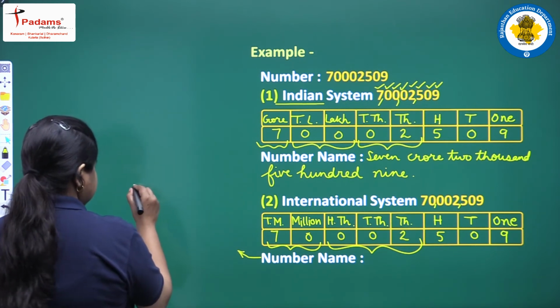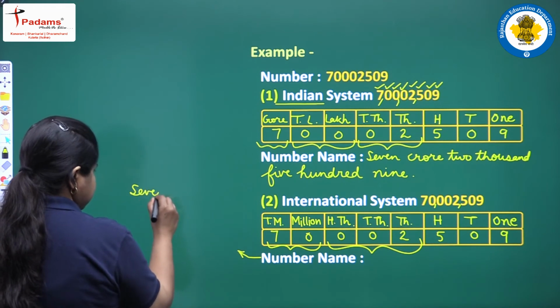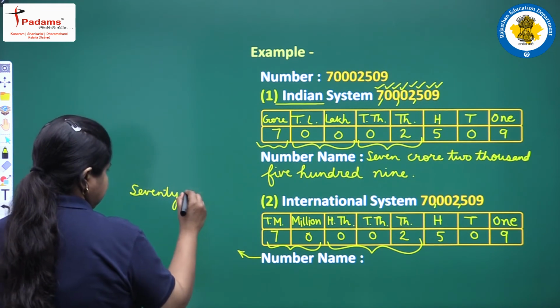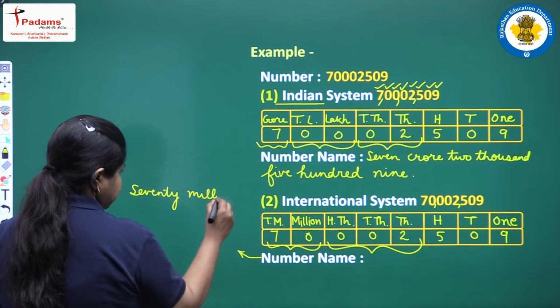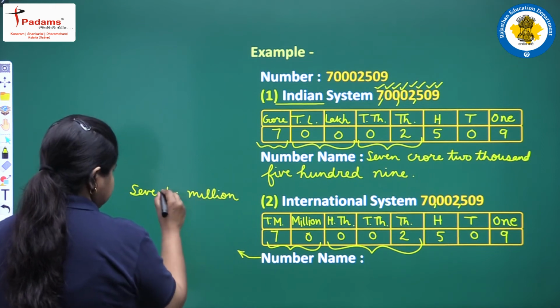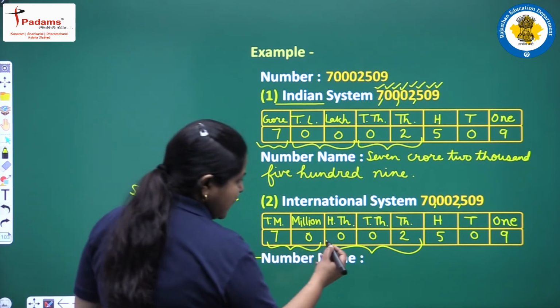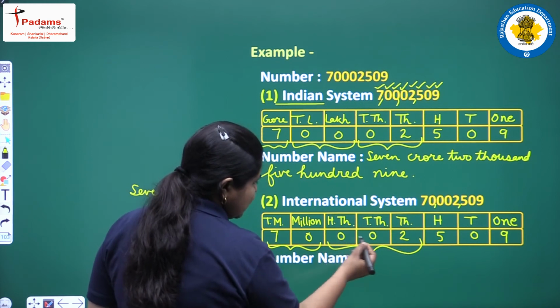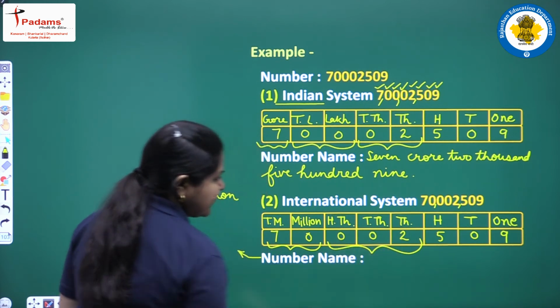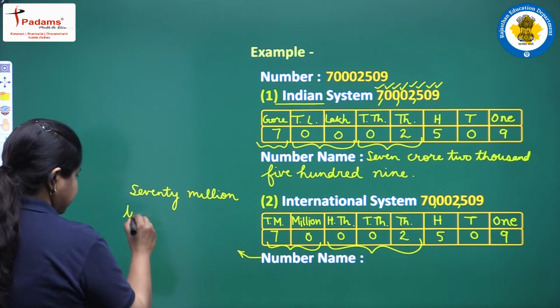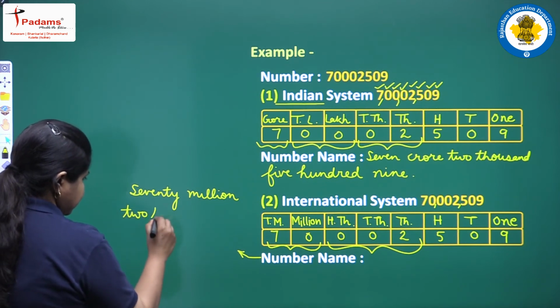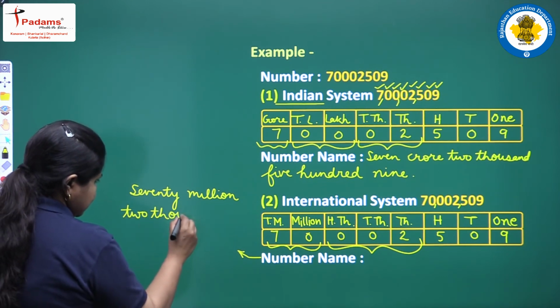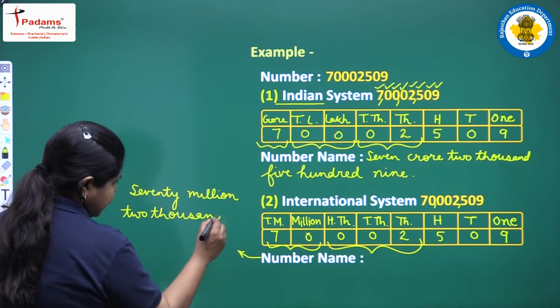So we will write 70 million. Then how many thousand? These two digits are 0, so simply it will be 2000.